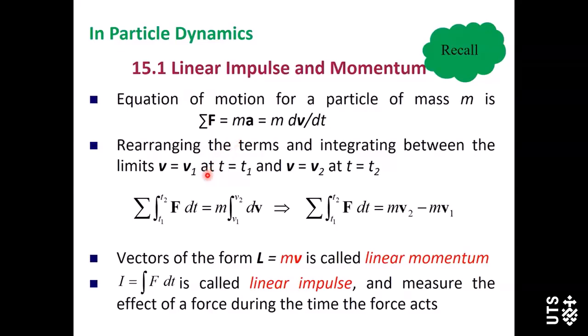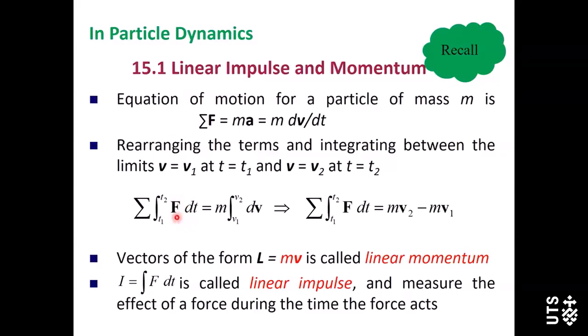In a process from time t1 to t2, the velocity of a particle changes from v1 to v2. Now, on the left side, this is the integral of F with respect to time.